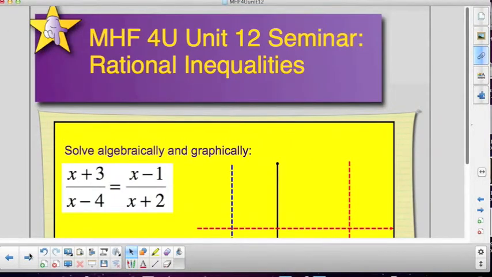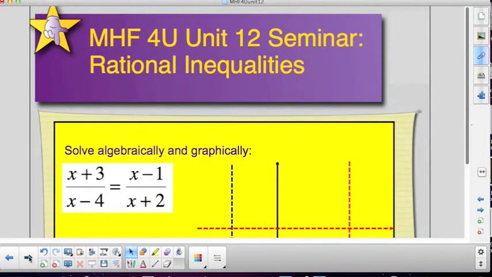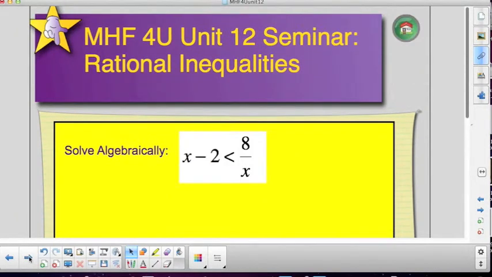Now we're going to start adding the inequalities into the mix. So the less than, the greater than sign. Okay, so solve algebraically. X minus 2 is less than 8 over x.